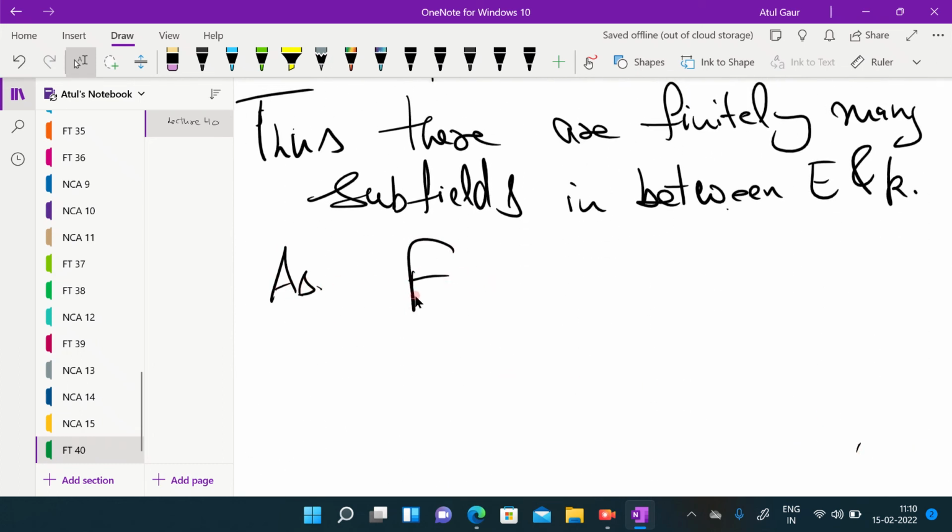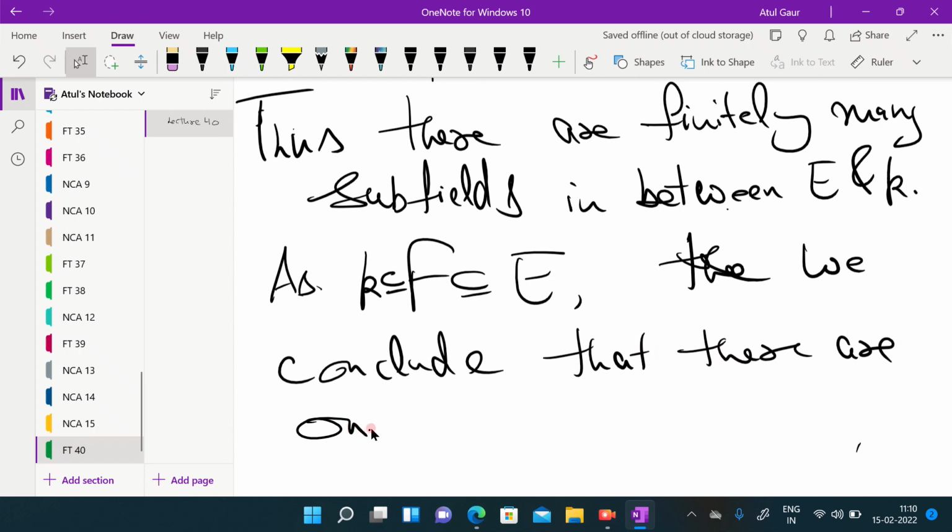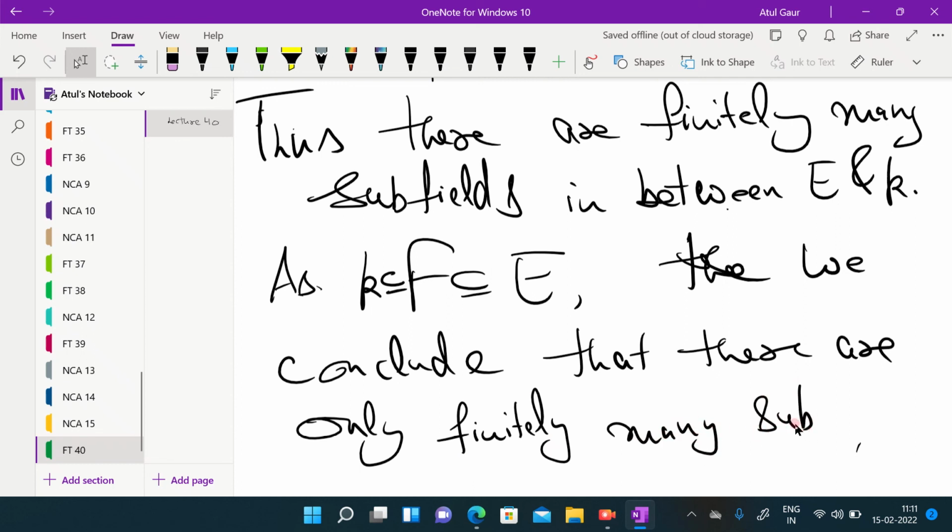As K is contained in F contained in E, we conclude that there are only finitely many subfields in between F and K as well.